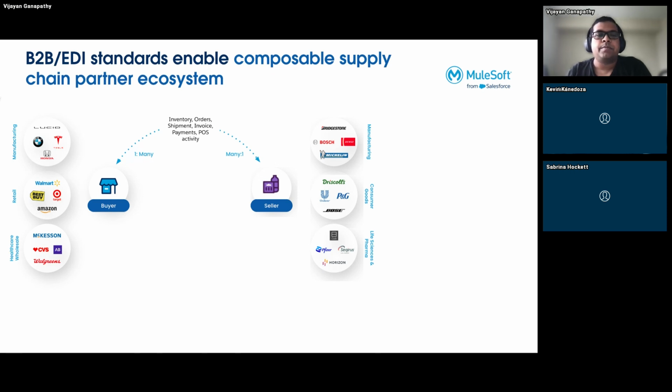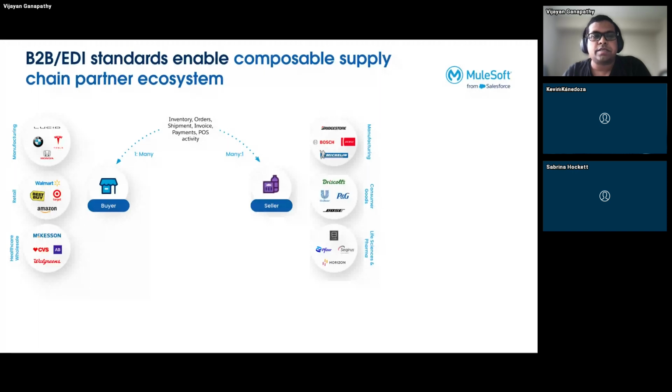On the left side you see organizations that act as a buyer, whether it's a company like Walmart or Target, where we all walk in and grab our favorite products. But companies like Walmart and Target have to source the products they sell in their retail outlets from one of the thousands of suppliers or sellers we see on the right side of this equation.